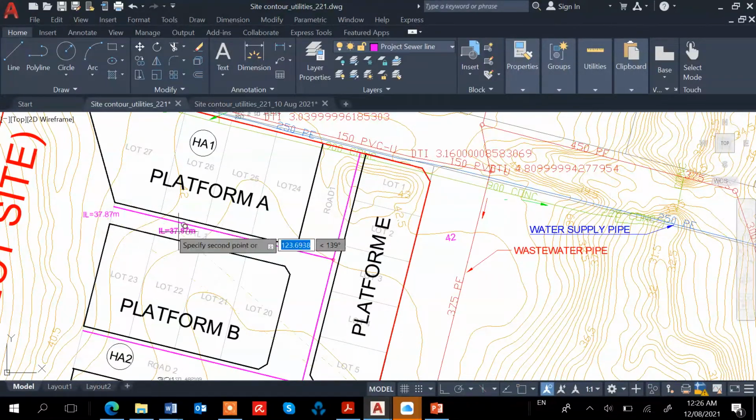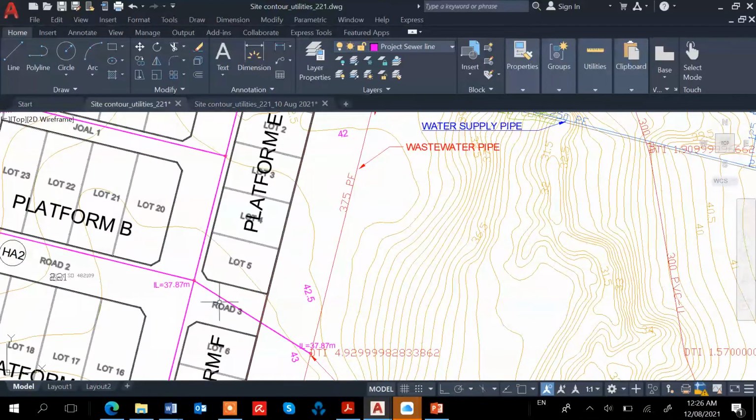Okay, what's the invert level? We put those because these are the critical points. But comparatively, because this one is further, the drop will be bigger. So this one probably is not so critical.